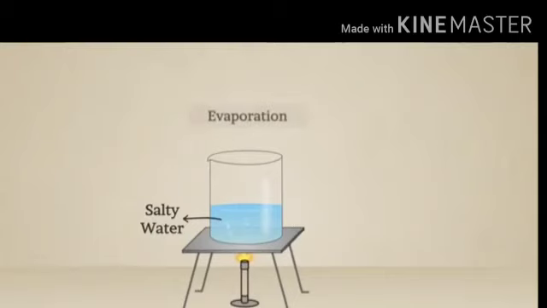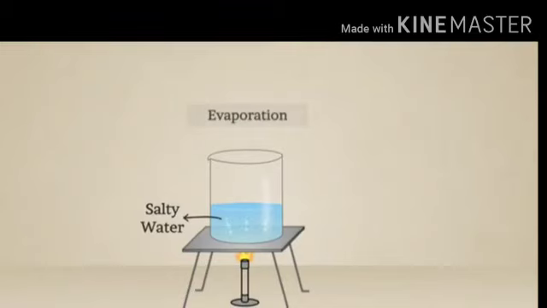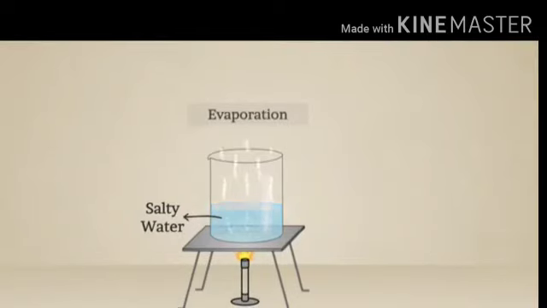Then we heat this solution so that water gets evaporated. When all the water gets evaporated, then salt is left behind in the beaker in the form of solid state.